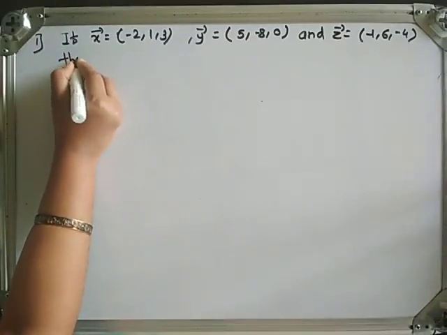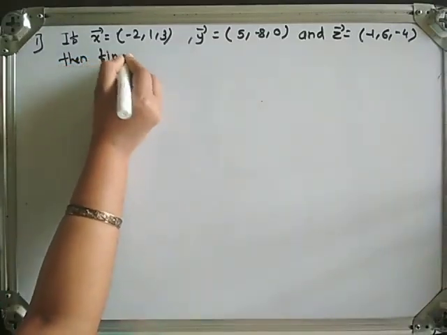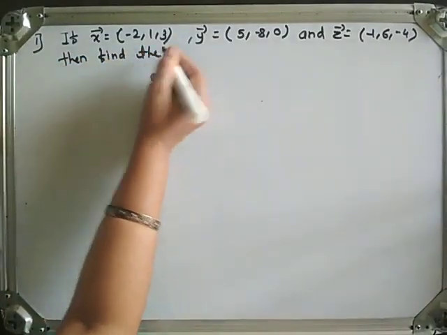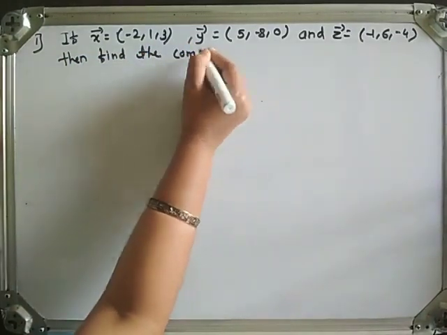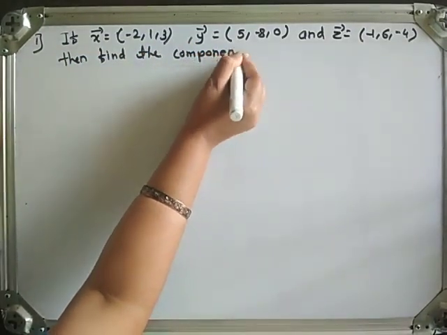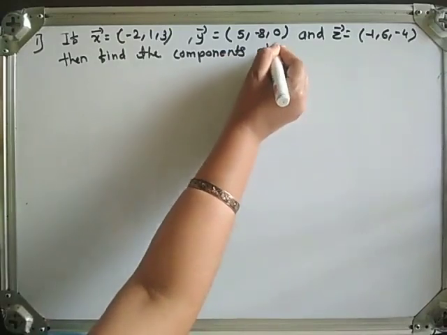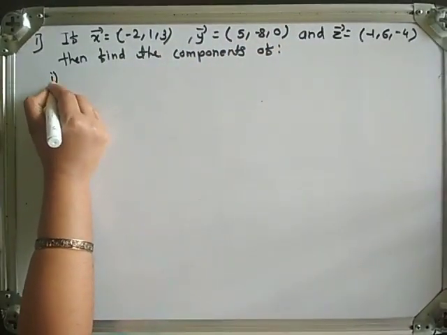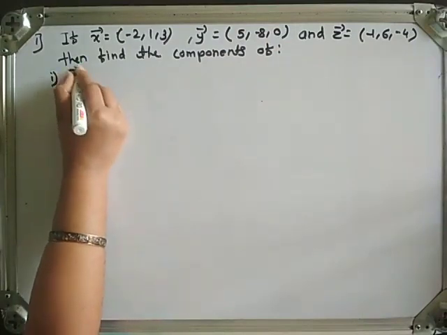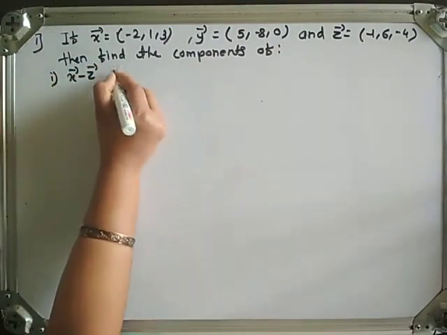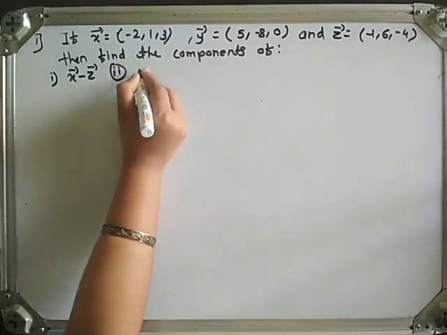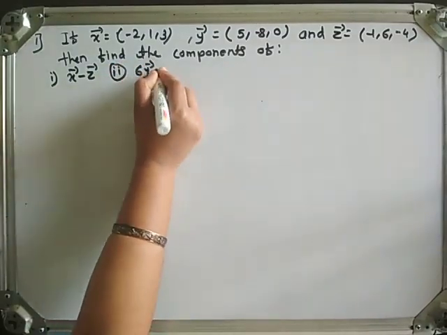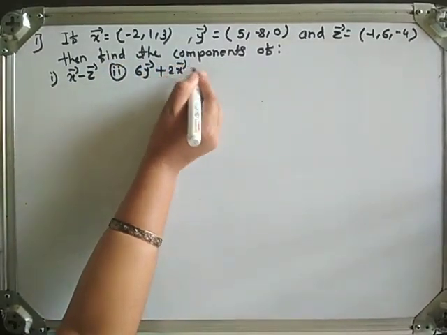Then find the components of: first one is x bar minus z bar. Second one is 6y bar plus 2x bar.